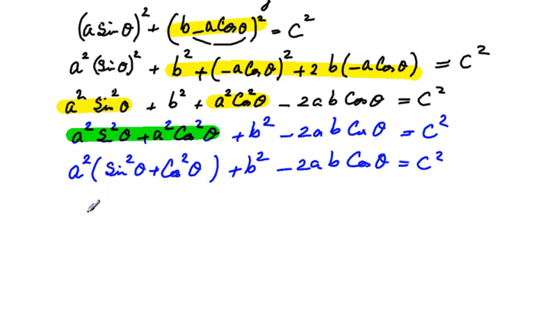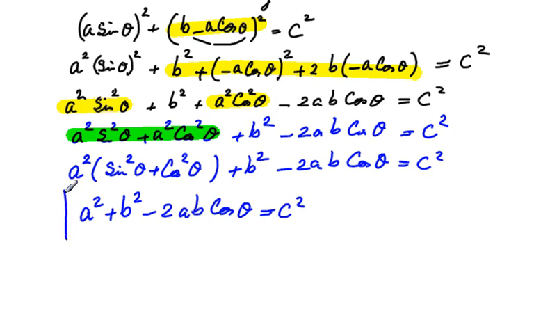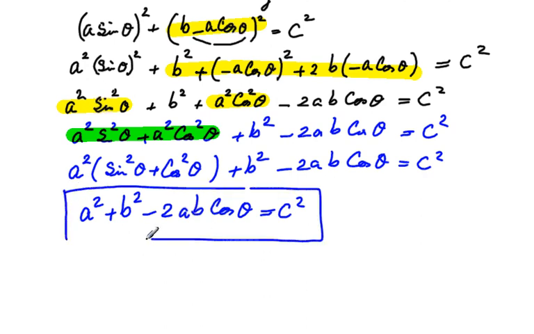Just 1. So what are we left with? A squared plus b squared minus 2ab cosine theta is equal to c squared. This is that famous law of cosines. It's a cornerstone of all triangulation they do in business to find the length of things. That is important.